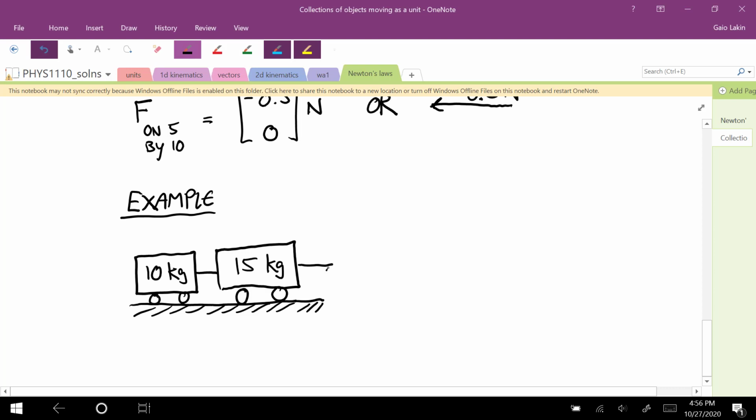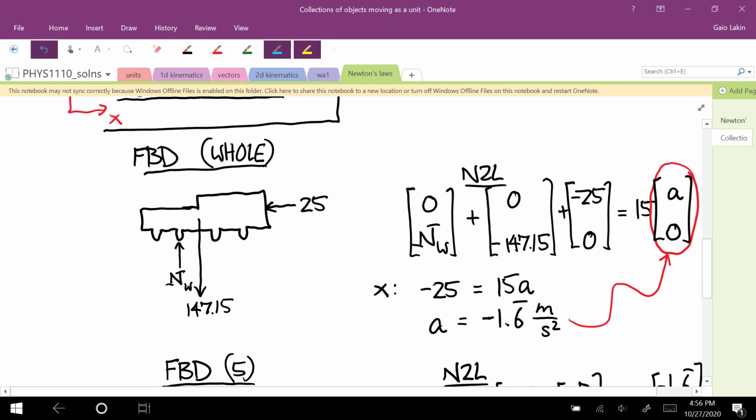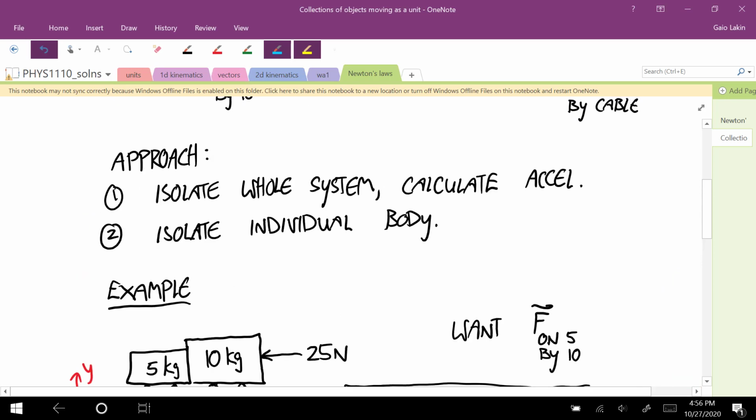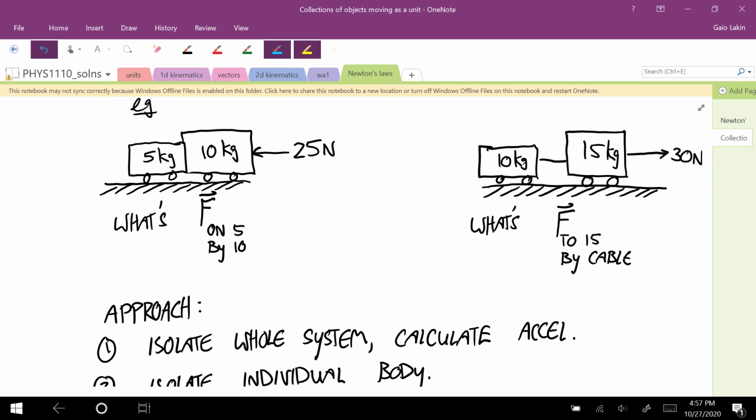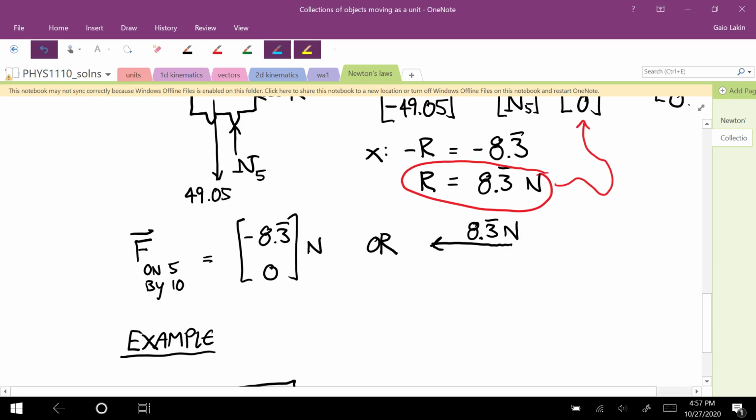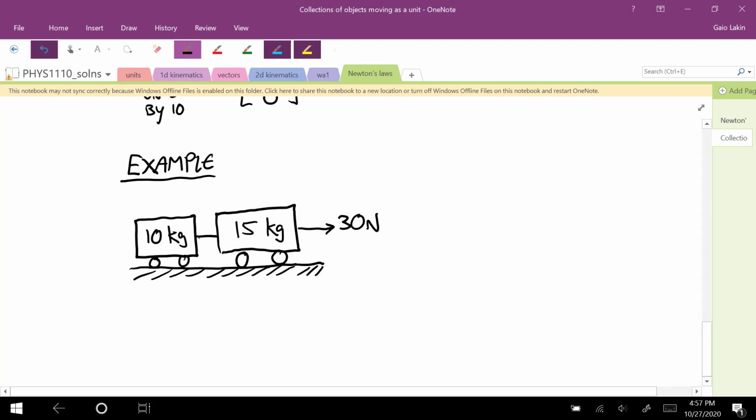And the 15 kilogram cart is being pulled to the right with a 30 Newton force. And I said up here that what we're going to try to calculate is the force to the 15 by the cable. Okay, so the cable I'm talking about is this middle cable, and we want to know the force applied to the 15 kilogram body.